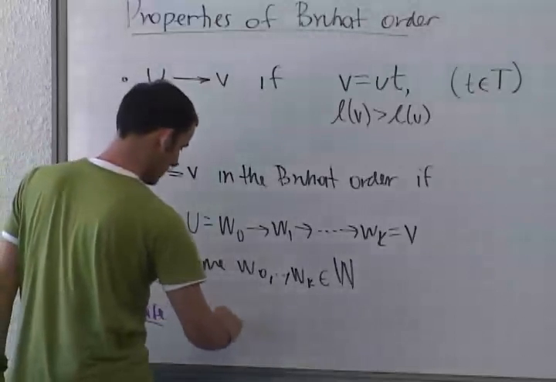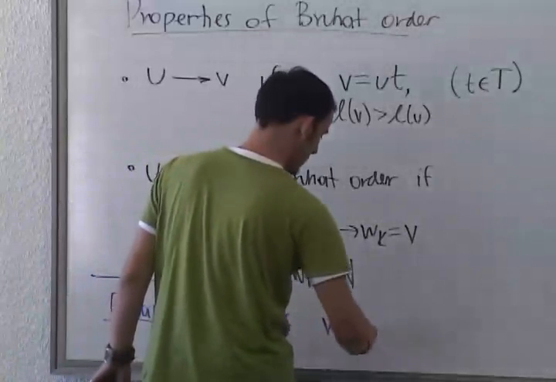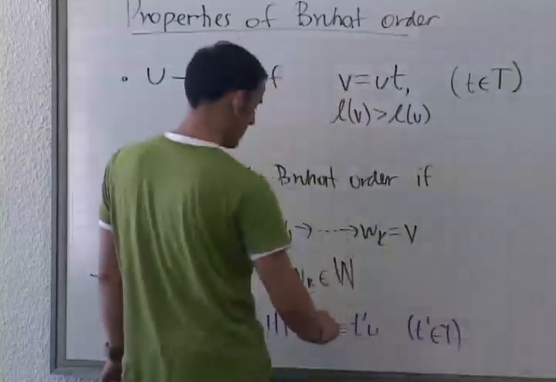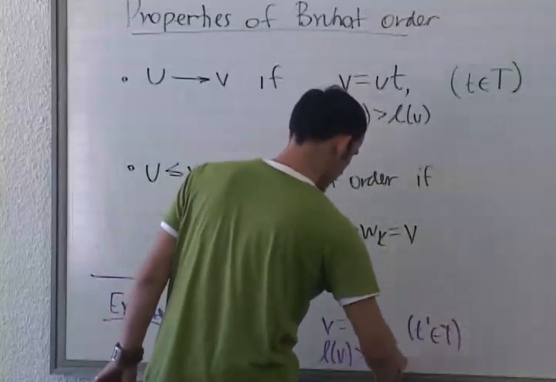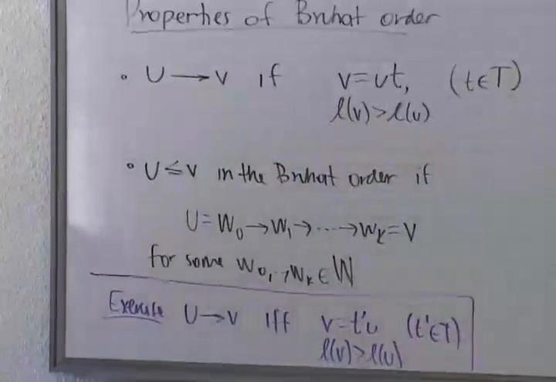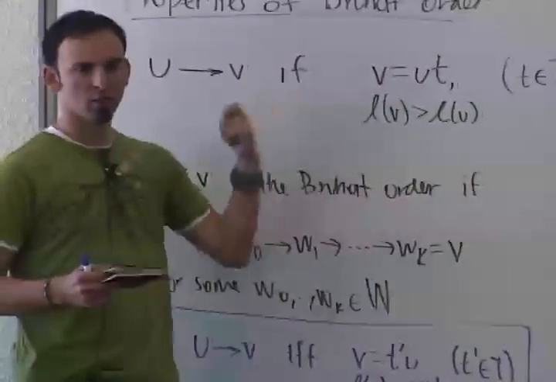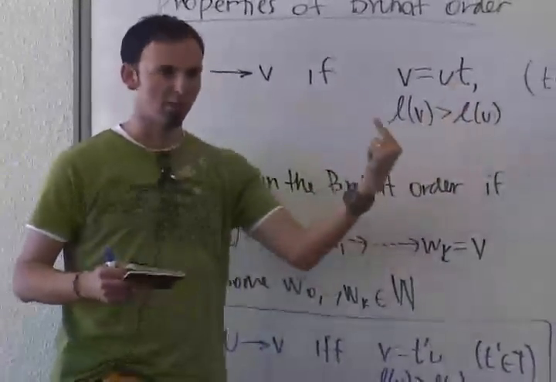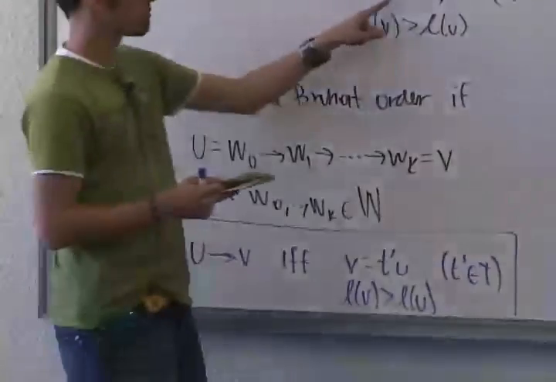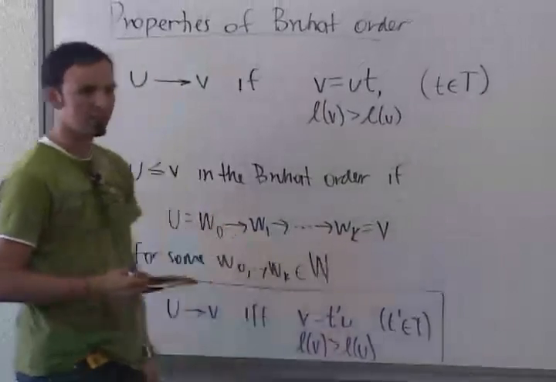So u is directed to v if and only if I can write v as t' u for some t' in T and length of v bigger than length of u. What's the point of this? Seeing this definition, you might think that the Bruhat order somehow cares about multiplying on the right side. But this tells me that actually it doesn't, because if you can get something by multiplying by a reflection on the right, then you can also get it by multiplying by a reflection on the left. It's an easy exercise, and you should do it.